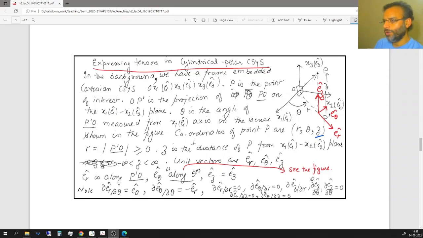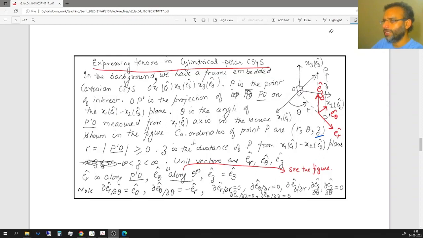So now we are going to see how we express various tensors in a cylindrical polar coordinate system. First, let us review what a cylindrical polar coordinate system is. To define a cylindrical polar coordinate system, in the background we do need a Cartesian coordinate system.